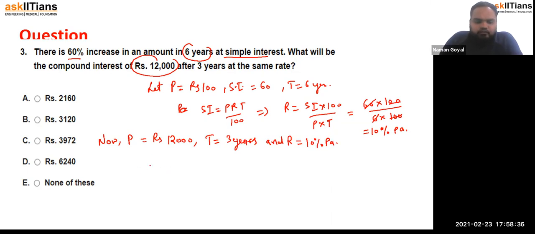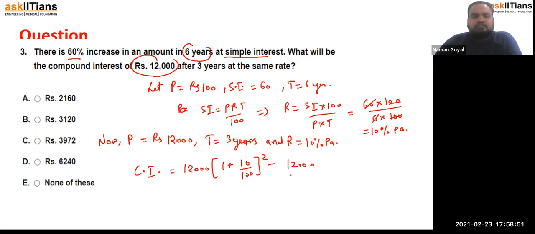If the question is asking for compound interest only, then it will be 12,000 into 1 plus R upon 100 raised to power 3 minus 12,000, right? Because it is asking for compound interest only, not the amount. So it will give 1200 basically.